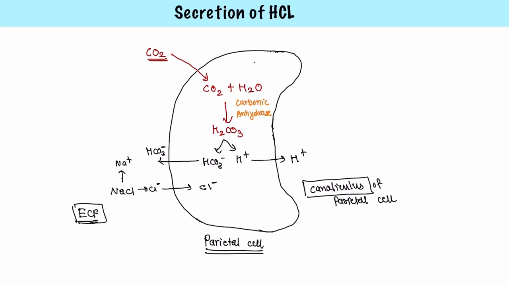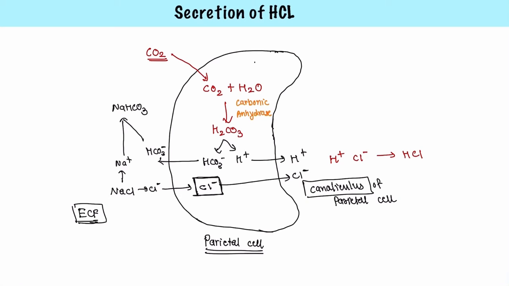This HCO3 minus and Na plus will combine and form NaHCO3. This Cl minus, which is important, will go into the canaliculus. Now in the canaliculus, we get H plus and Cl minus, which will form HCl, and this is how secretion of HCl occurs. So this is the whole mechanism.